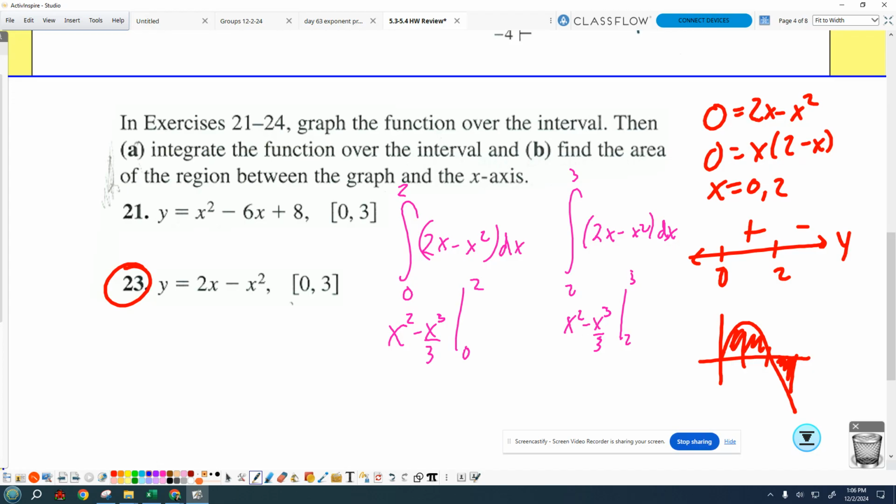Ryan, what sign goes between these two as I have them written? Subtraction.